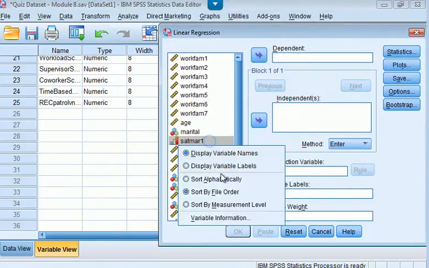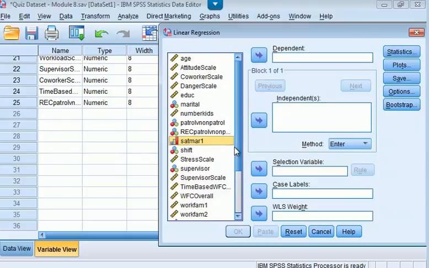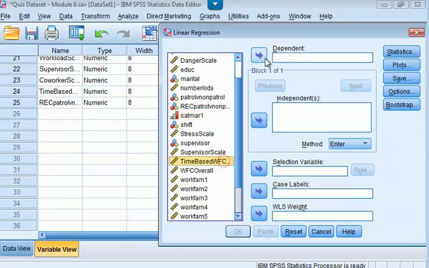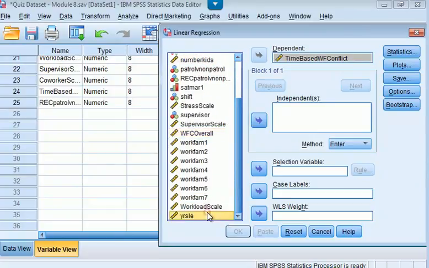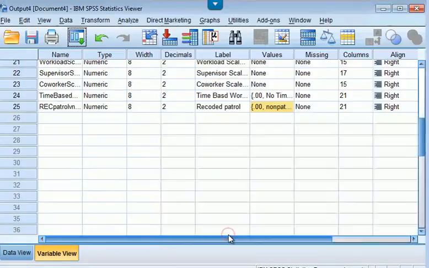Again, always switch this. It just makes it easier. Time-based is your dependent, and then it asked for years law enforcement first, then number of kids, and that recoded dichotomy of patrol v non-patrol.